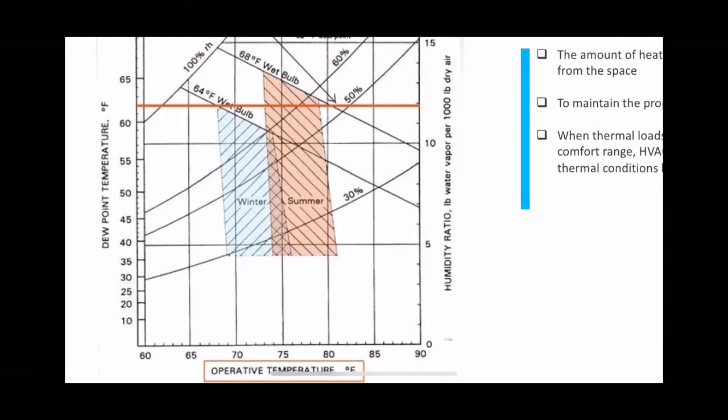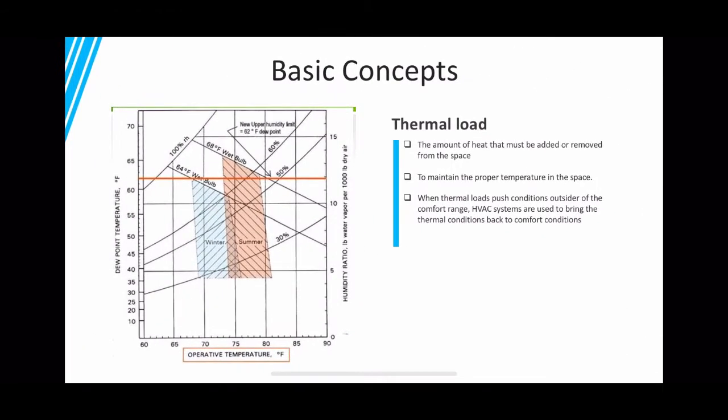So 75 degrees Fahrenheit runs from down here up to there. The difference is it has the same dry bulb temperature, but the humidity is different from this point to the top, which also brings latent heat and sensible heat cooling load issues.